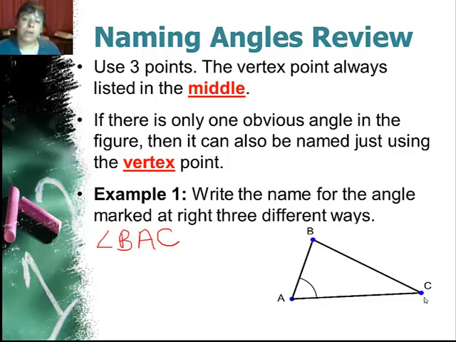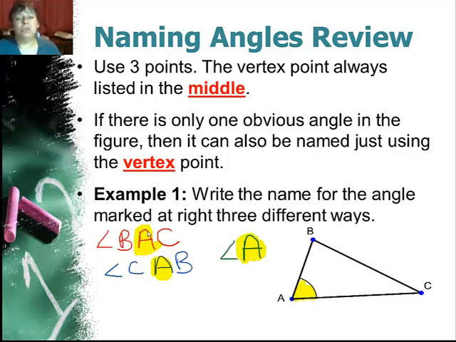You can go in the other direction. CAB. And then finally, the easy way, which is angle A. The main thing is to make sure that the vertex point is in the middle for all of the angle names. If it's on the edge, you did not name the angle correctly.